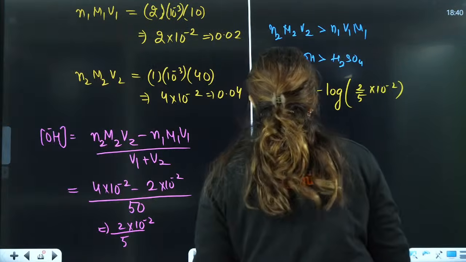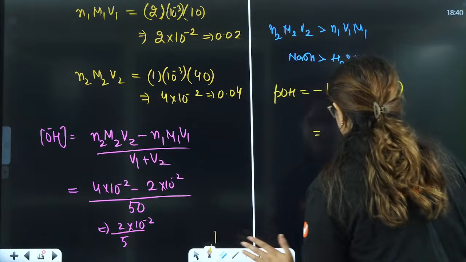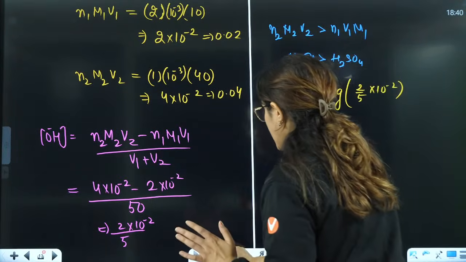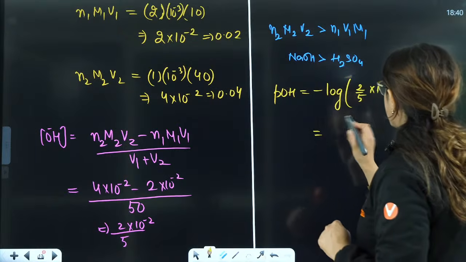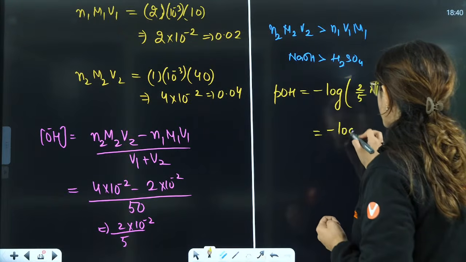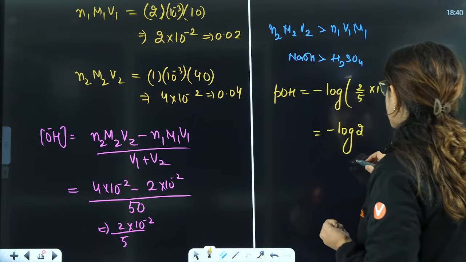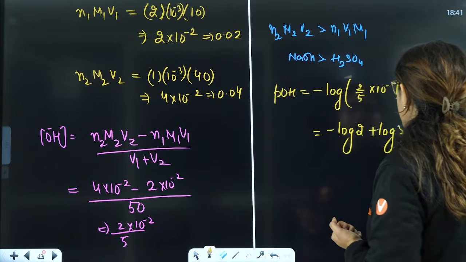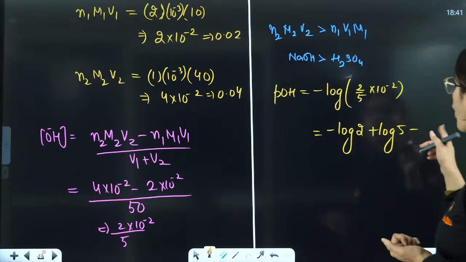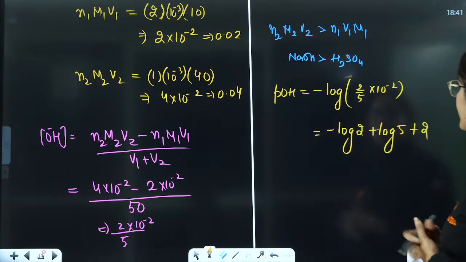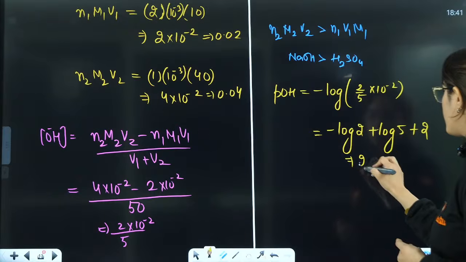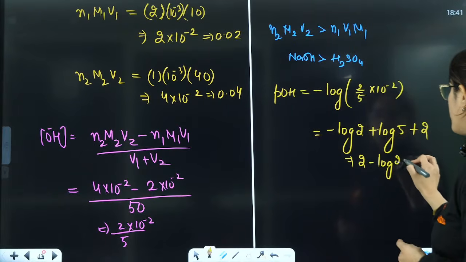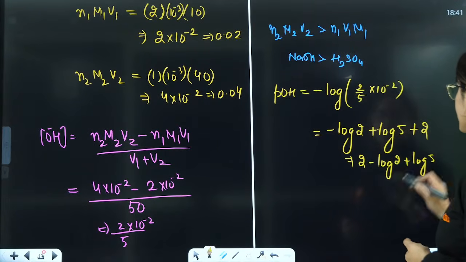Okay? I'll just solve this myself only. Right? Okay, see what you will have here. This will be minus log of 2, right? Minus minus plus log of 5, and minus log of 10 raised to power 2 is 2, right? So this will become 2 minus log of 2 plus log of 5, right?